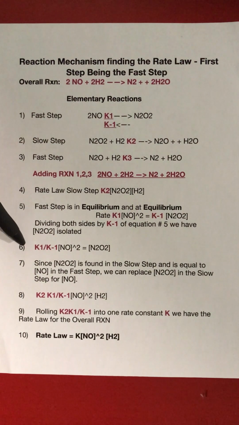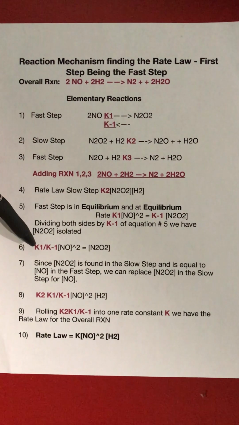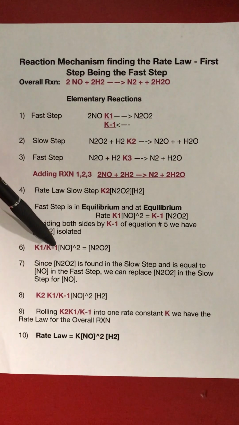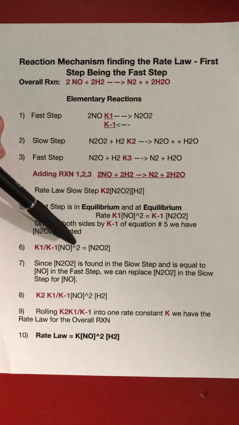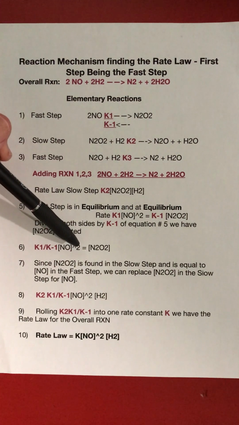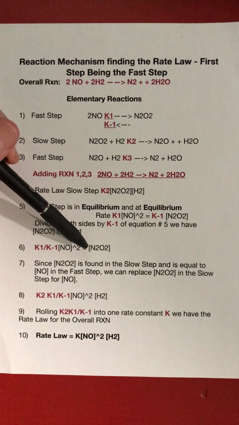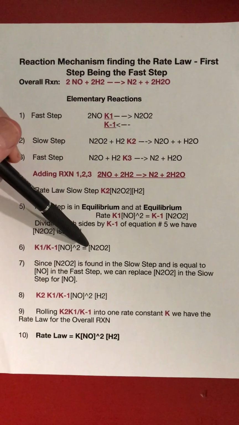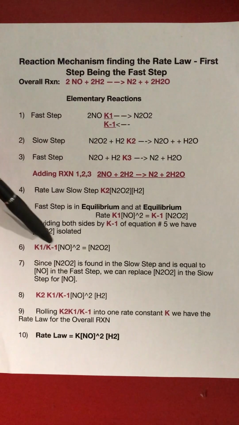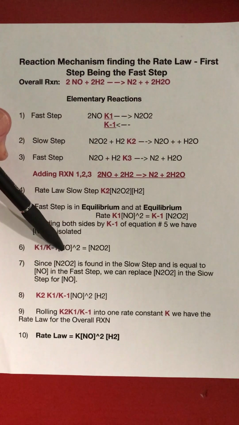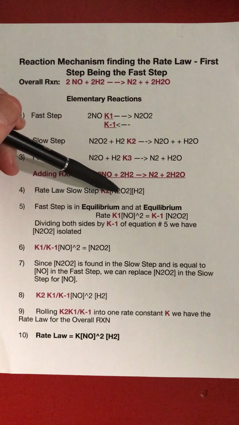In number 6, this is what it would look like. K1 divided by K minus 1 gives you the concentration of NO raised to the power of 2, which now equals the concentration of N2O2. So now we have N2O2 totally isolated. And what we can do is take that NO with its rate constants and slip it into the position of N2O2.